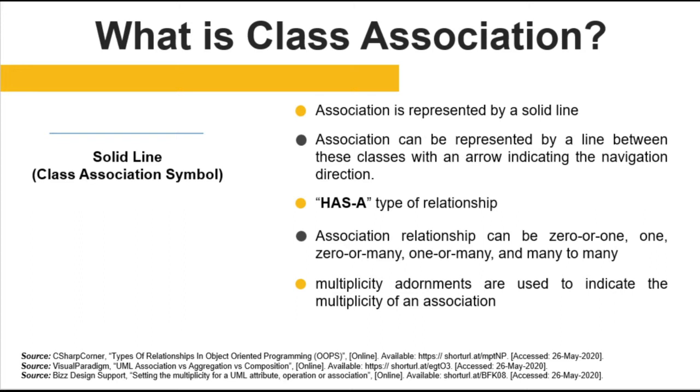Keep in mind that a class diagram showing class relationships is different from the ER diagram you are using in your database management course. We indicate the multiplicity of an association by adding multiplicity adornments to the line denoting the association.